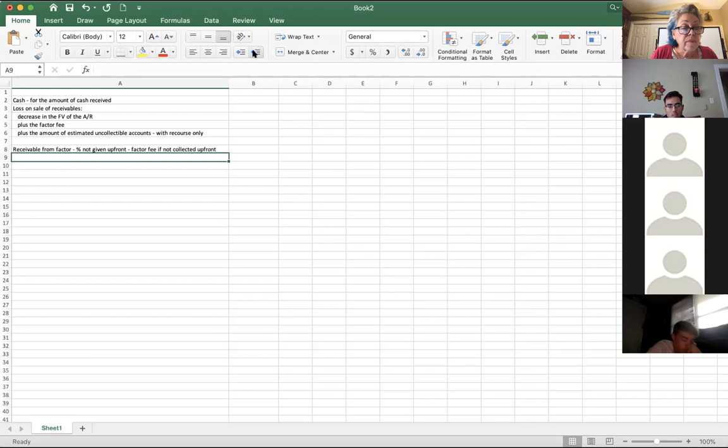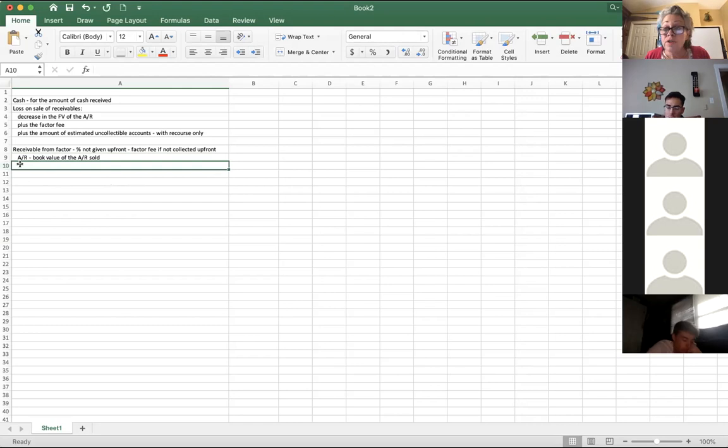Then we can credit accounts receivable. I indented it to show that it's a credit. And you're going to credit accounts receivable for the book value of the accounts receivable sold.